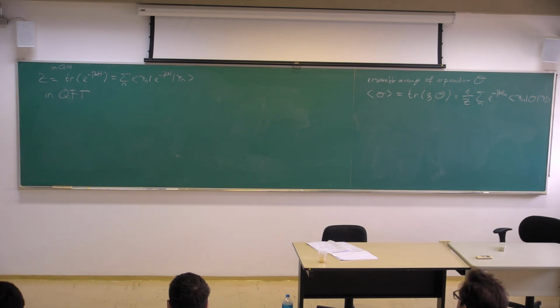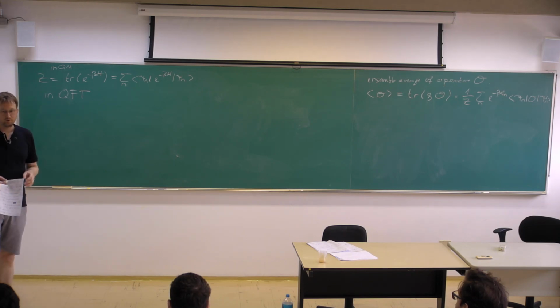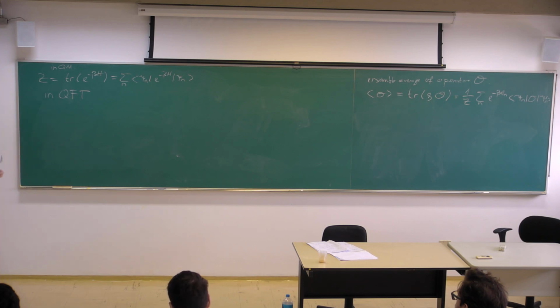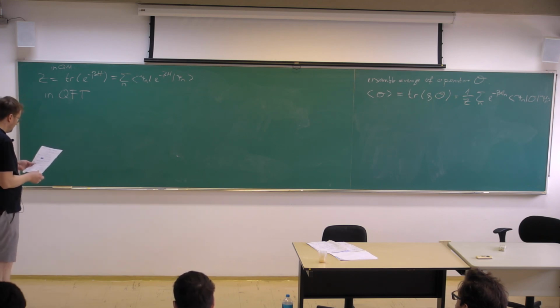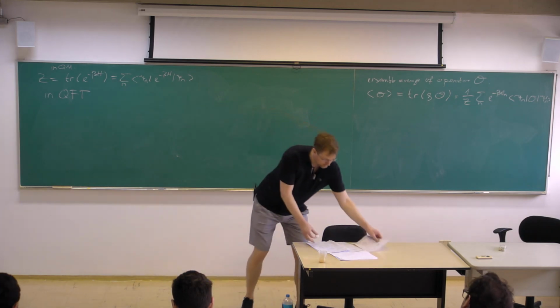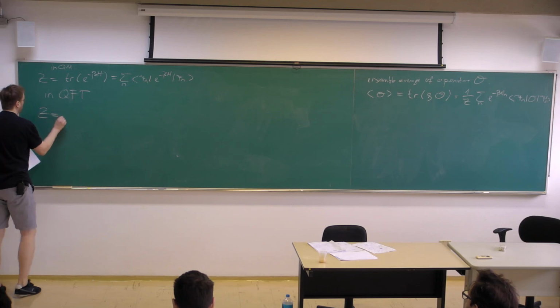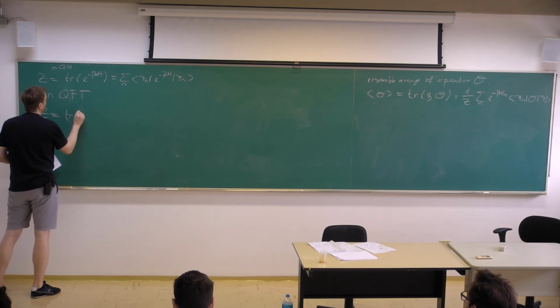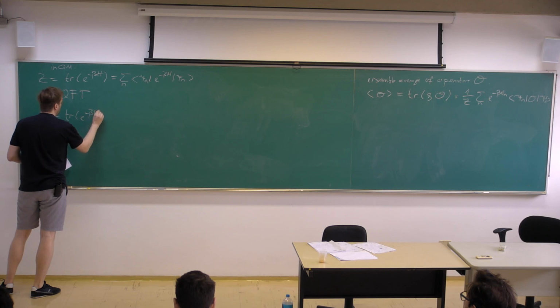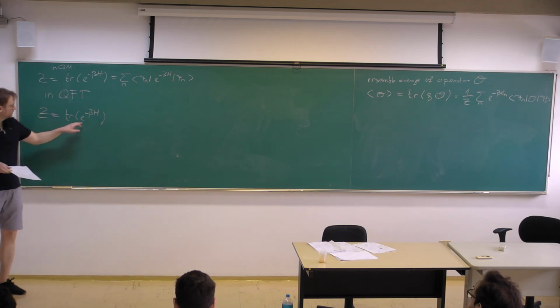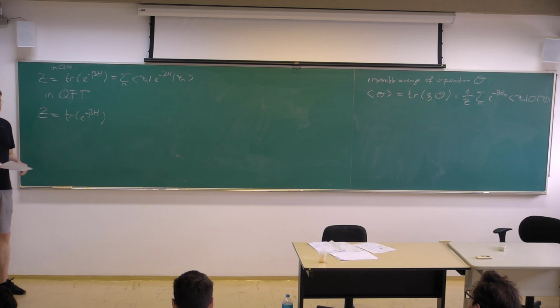In QFT, we don't just have a discrete set of states. We have a continuum of states generically, right? It's like a whole Fock space of states, like many particle states, potentially even non-perturbative objects like solitons, stuff like this. So the expression is very similar. I can again write it as a trace over e to the minus beta times the Hamiltonian of my quantum field theory.